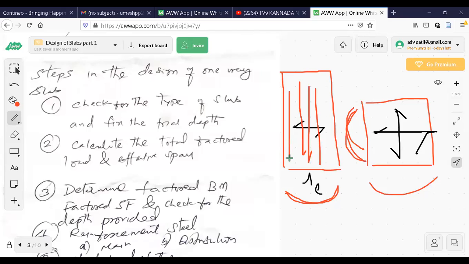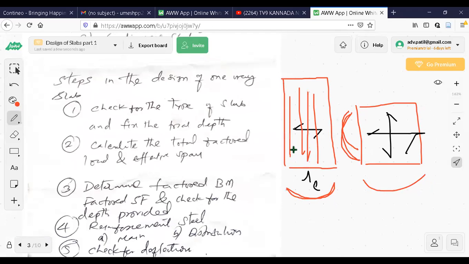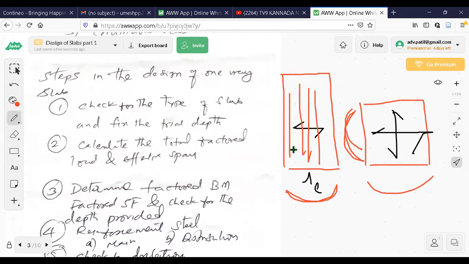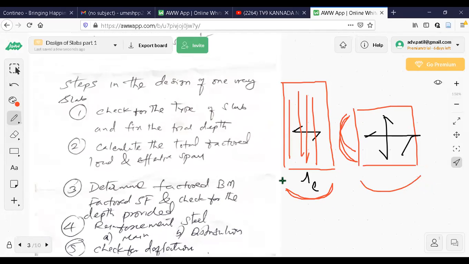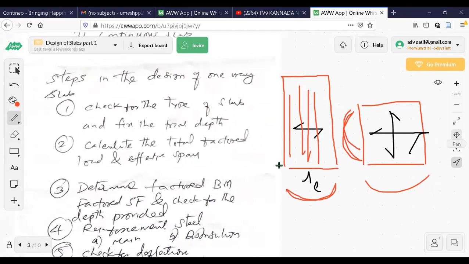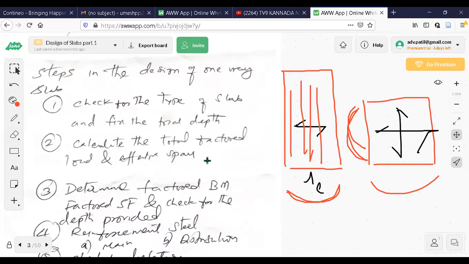Just to reduce the effect of shrinkage and all, distribution steel is provided just for practical considerations. There is shrinkage and creep of concrete. To control that, this distribution steel is provided. I'll show you while solving the problem how to calculate it.